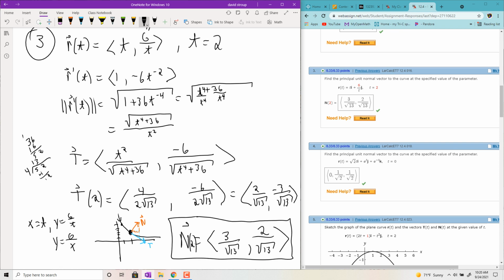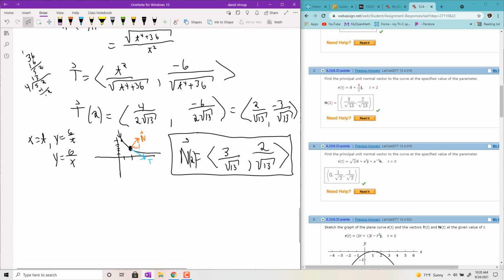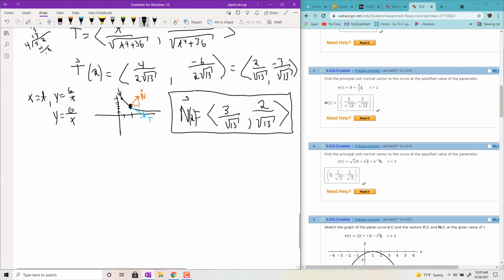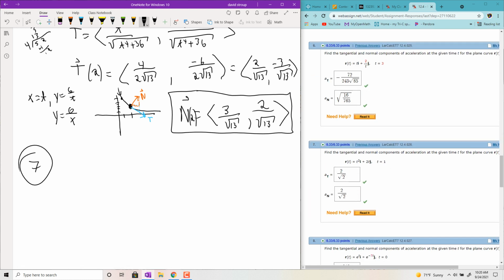Okay, so you could do it the long way where you just take the derivative of the unit tangent vector and then find the magnitude of the unit tangent vector. But that turns out to be kind of computationally exhausting. So this may be a better route to go if you can handle graphing the thing. Okay, let's also look at number 7 where we're dealing with some components, the acceleration components.